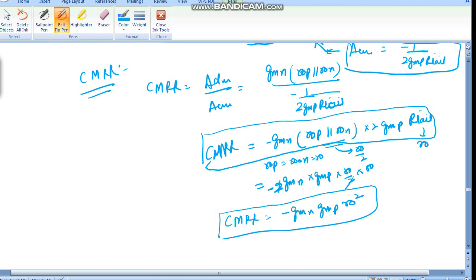Now you can see that CMRR is directly proportional to R tail.